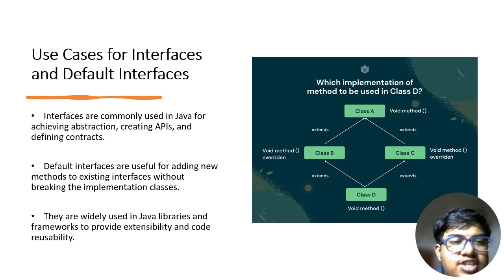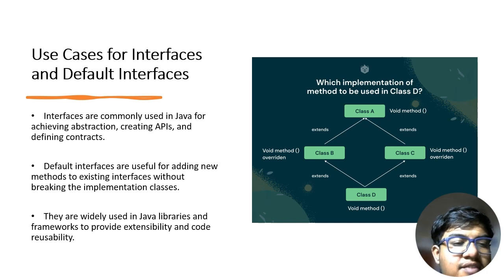Use cases of interfaces and default interfaces. Interfaces are commonly used in Java for achieving abstraction, creating APIs, and defining contracts. Default interfaces are useful for adding new methods to existing interfaces without breaking the implementation classes.